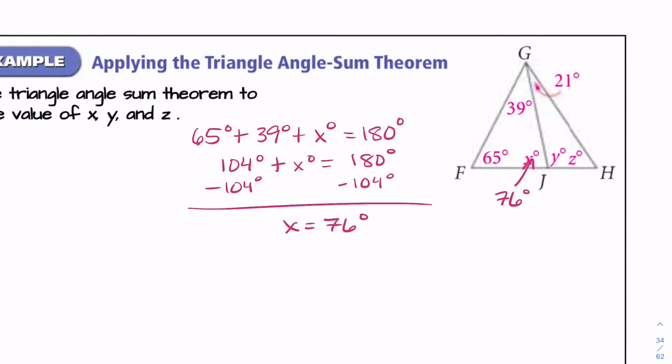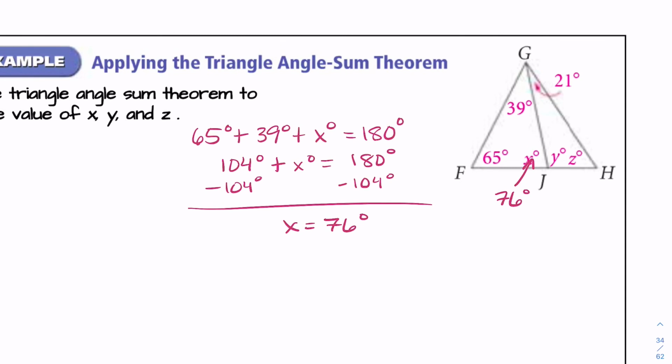And now this triangle has 2 variables. Oops, this one has 2 variables, so this is difficult. You know what I can do? I can use this straight line, knowing that it's 180, to find y. I could say, oh wait, y is actually an exterior angle to 39 and 65, right? That's another option.